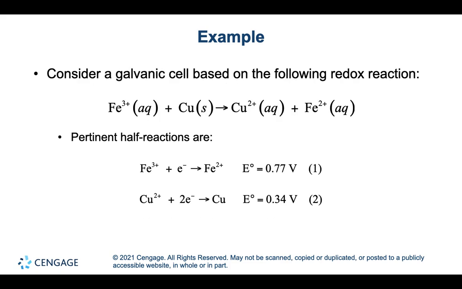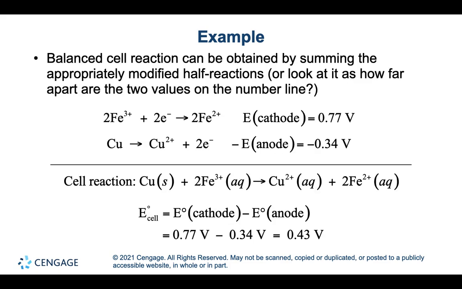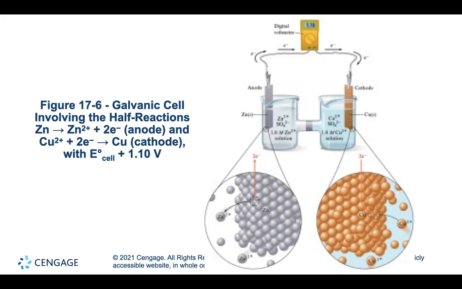Now the other reaction is the copper and the copper plus 2, but the reduction direction would be copper plus 2 electrons yields copper. That's not the direction we want to run. We want copper on the left and copper plus 2 on the right. So this is actually found on the chart as a reduction, because this is a reduction chart.